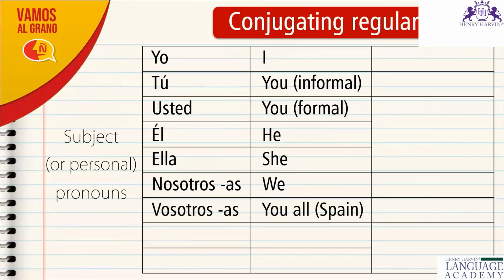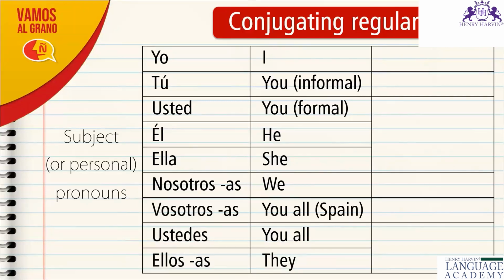An equivalent in English would be like when you say you all; ustedes, which is also a plural form of you but mainly used in Latin America; and ellos o ellas, which mean they.